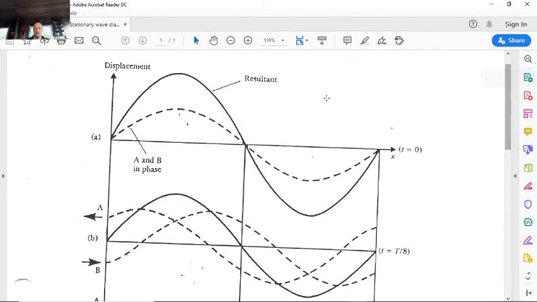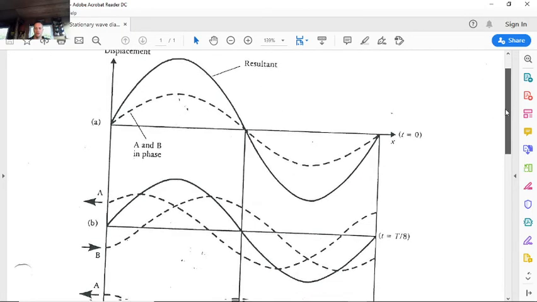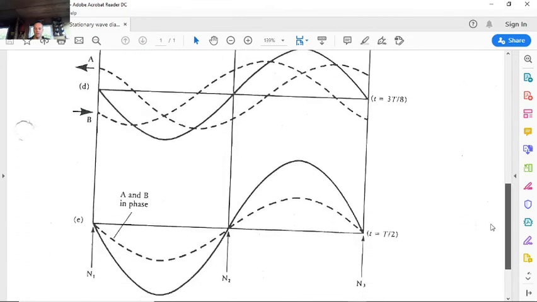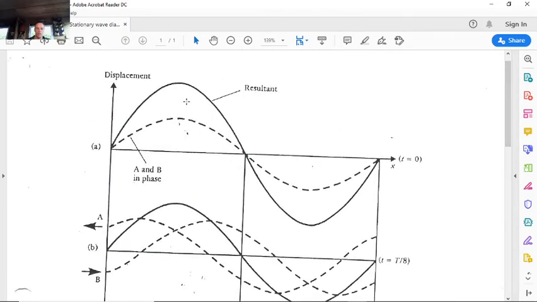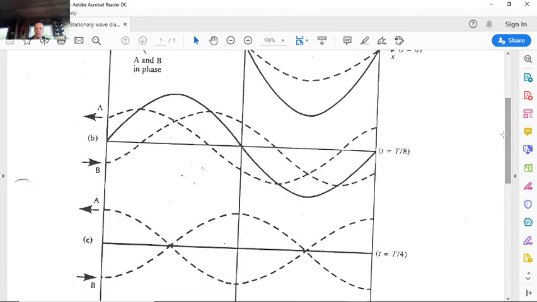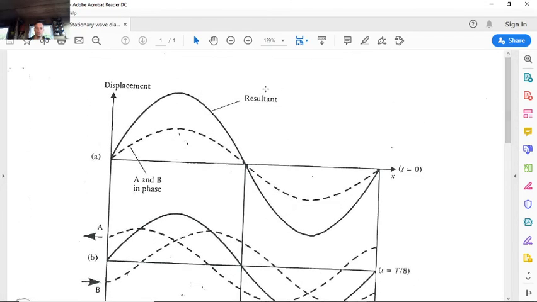A full time period is for a wave to go from here to there, to there, to there, to there again. So if I go through half a time period, it's going to be at the bottom. In other words, it was at the top here and then goes to the bottom there. If you take your wave going through a quarter of a cycle, it goes from here to there.